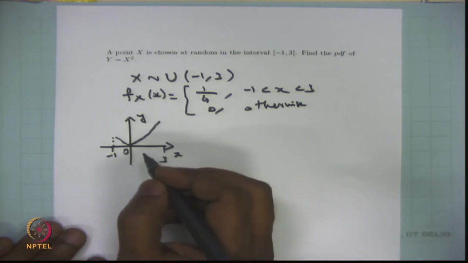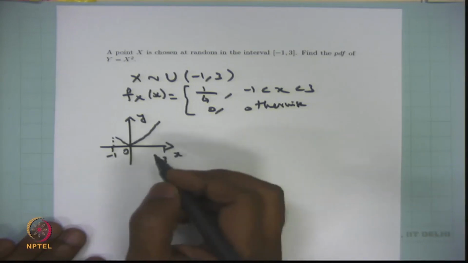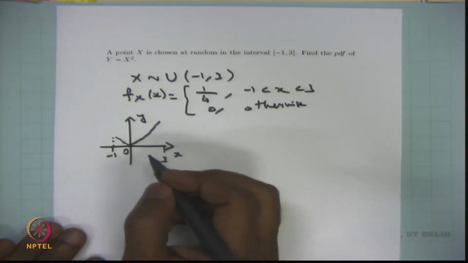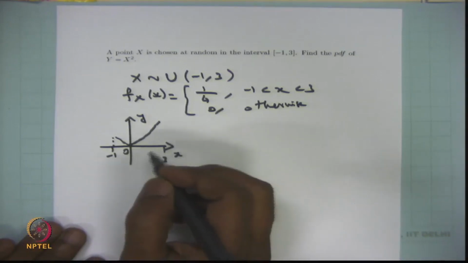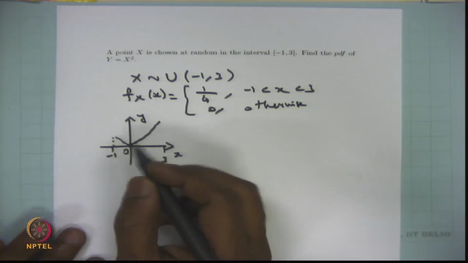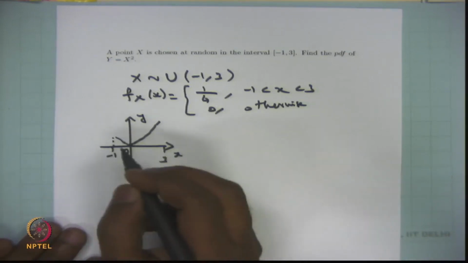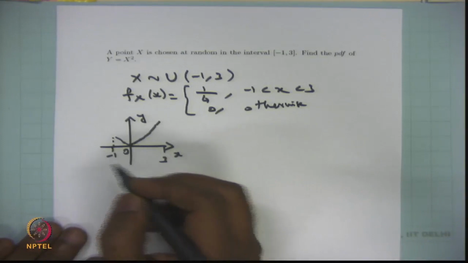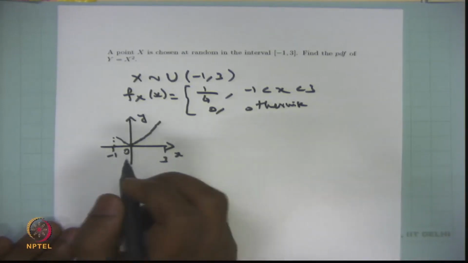Therefore, you cannot apply the theorem for continuous type random variables requiring a monotonic function. Therefore, we will find the probability density function of y by finding the CDF of y first, and then the probability density function of y.